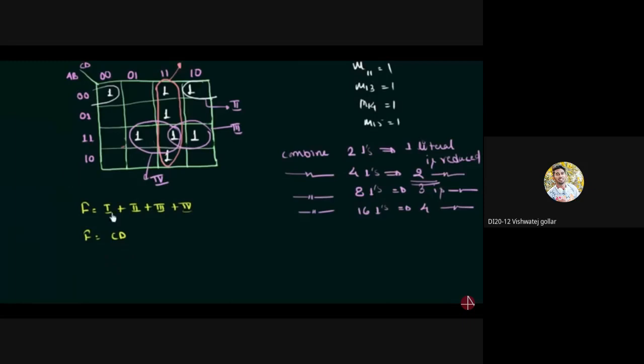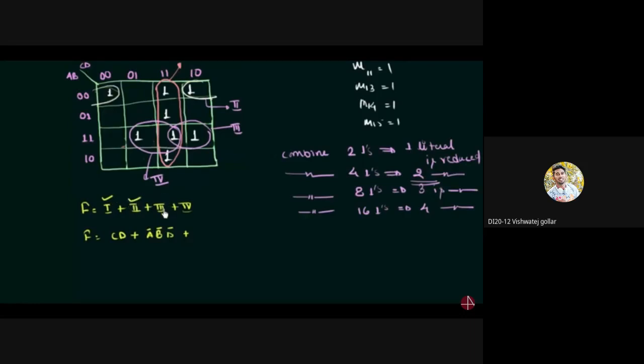Okay. Now we will see the second prime implicant, this one and this one. In this, A and B are the same, so A bar, B bar, and out of C and D, you can see that C is changing from 0 to 1, whereas D is the same, 0, 0. So it should be D bar. So we are done with 1, 2.